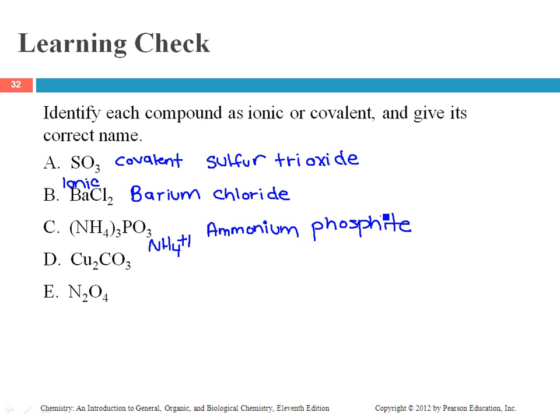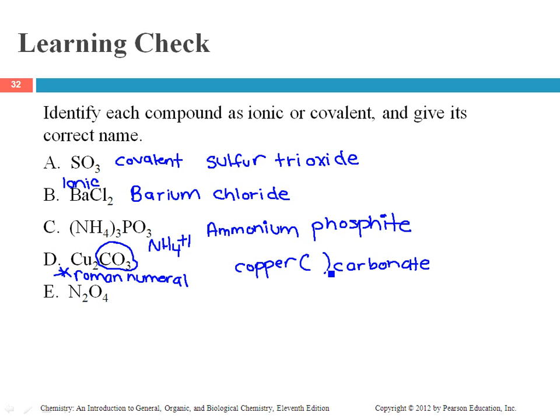Okay. For D, we have copper. So we know that that's a metal, it's a transition metal, which just tells us that we are going to have to use a Roman numeral. Okay. And then we have this group of atoms. Okay, so if you find CO3, you'll see that that is carbonate on your polyatomic ion chart. And then we have copper, but we do not know the ionic charge because it can vary.